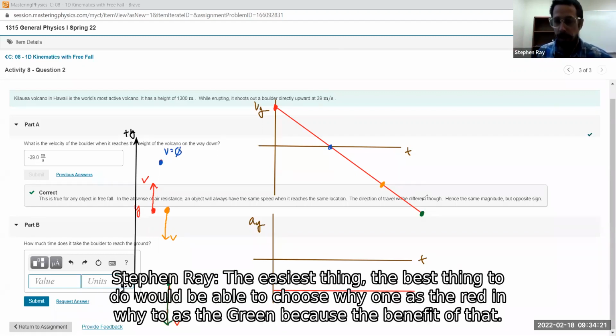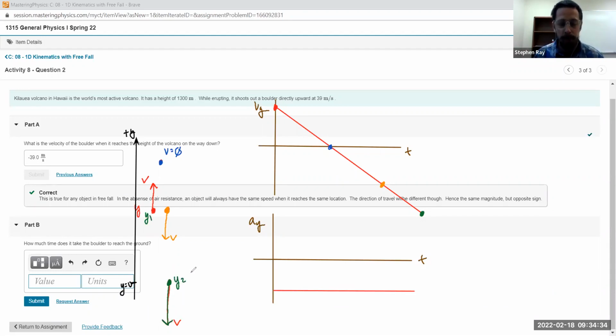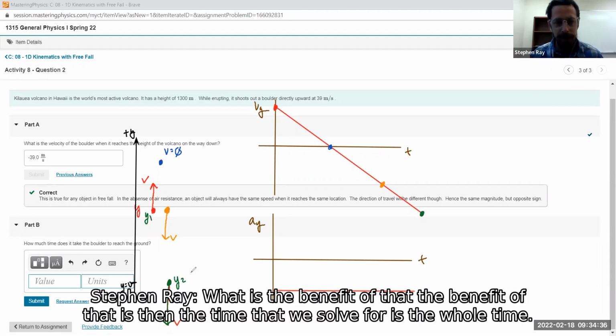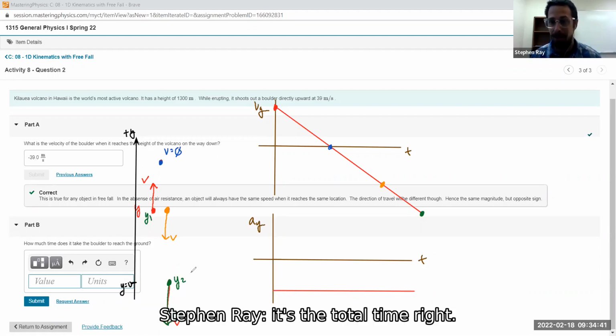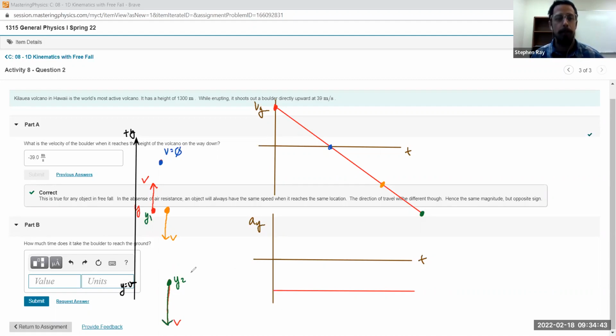The best thing to do would be to choose y1 as the red and y2 as the green, because the benefit of that is then the time that we solve for is the total time.